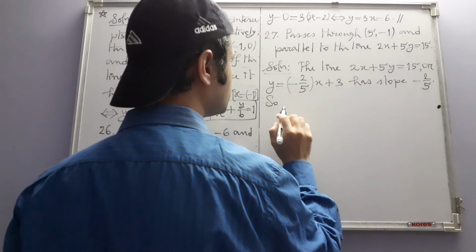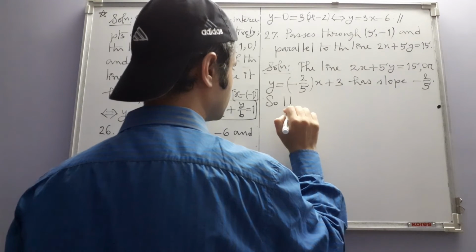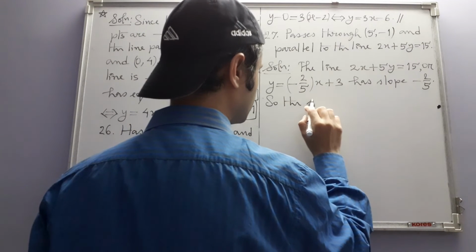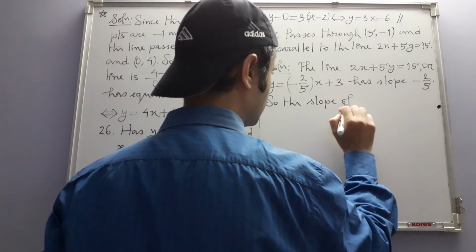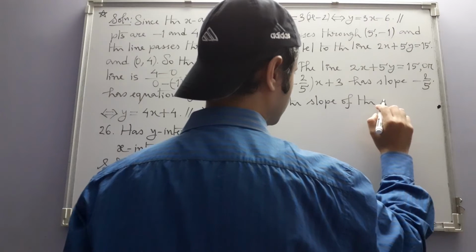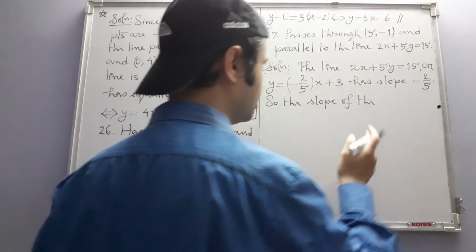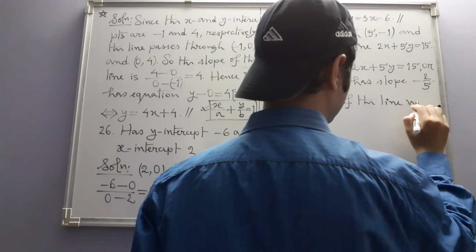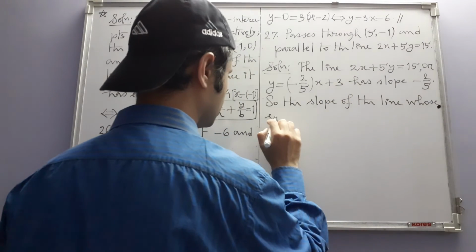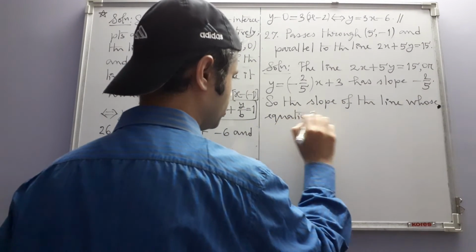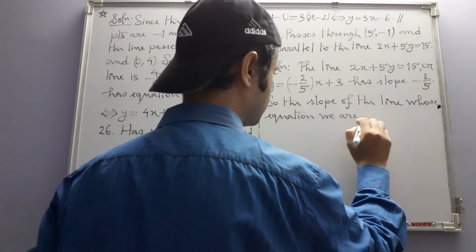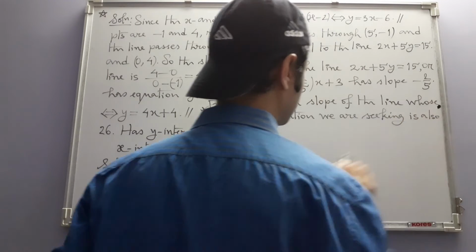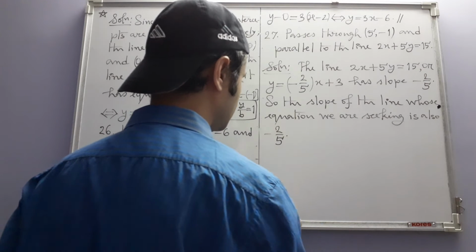The slope of the line whose equation we are seeking is also -2 over 5.